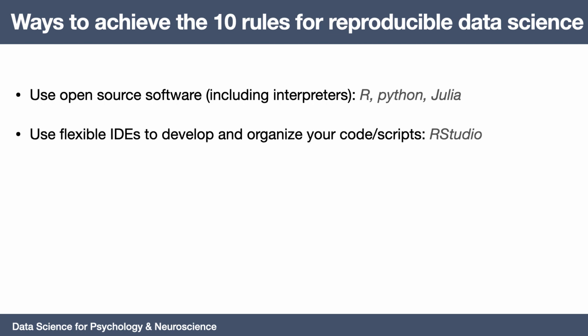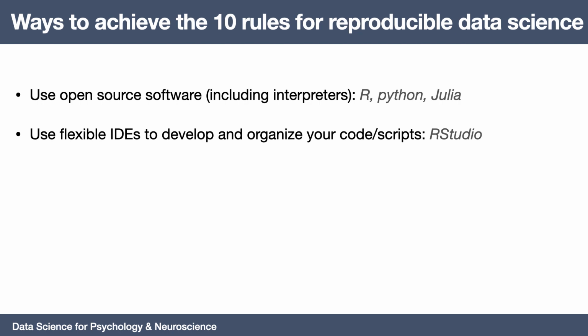Use flexible IDEs to develop and organize your code and scripts. An IDE is an integrated development environment. So for example, in this class, we're going to use RStudio. It allows you to integrate the development of the code with a text editor, an interpreter, or a command prompt that allows you to execute the code, controls your plots, your markdown rendering, things like that, all in one interactive environment.